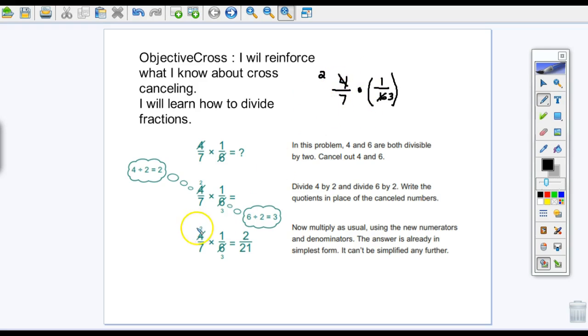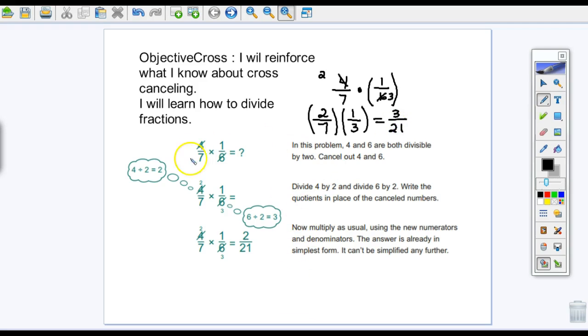And then we have our new problem, 2 over 7 times 1 over 3. And we can simply multiply straight across. 2 times 1 is 2, 7 times 3 is 21.